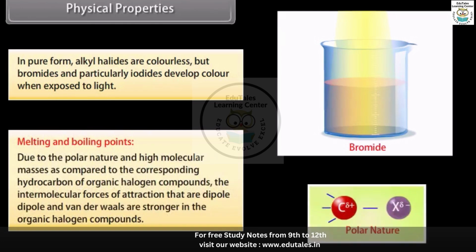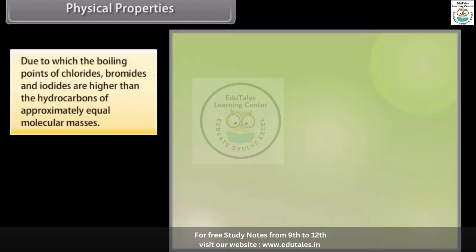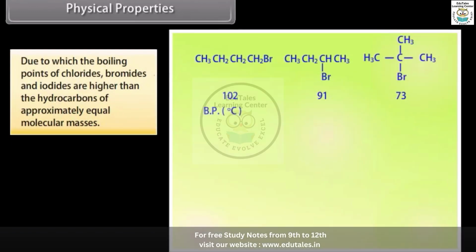Due to the polar nature and high molecular masses as compared to the corresponding hydrocarbons, the intermolecular forces of attraction, that is dipole-dipole and van der Waals, are stronger in organic halogen compounds, due to which the boiling points of chlorides, bromides and iodides are higher than the hydrocarbons of approximately equal molecular mass.